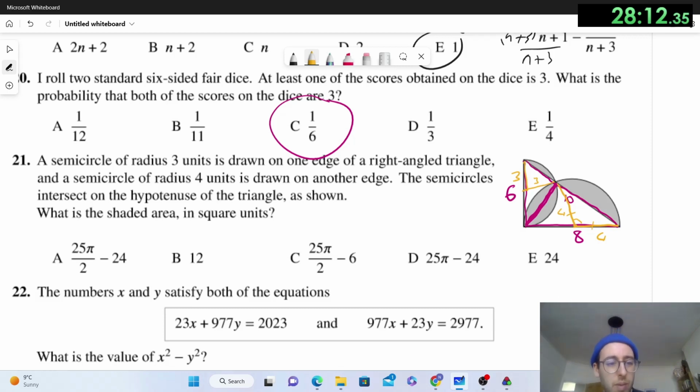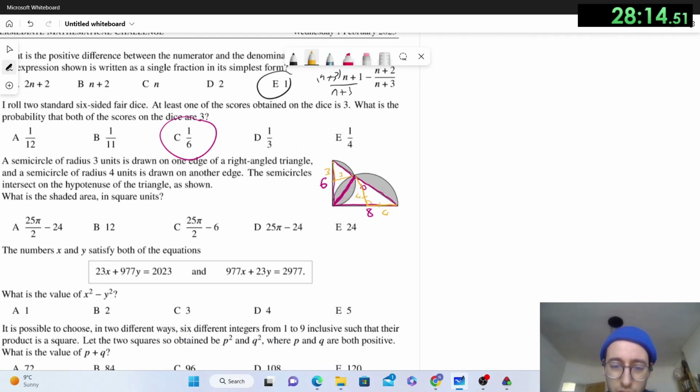Oh, wait. I can do trig, but I don't know my exact values very well. 6 and 8, and that's a theta. So tan theta equals 3/4. I don't know what arctan of 3/4 is, but okay. I'm overcomplicating this a lot.